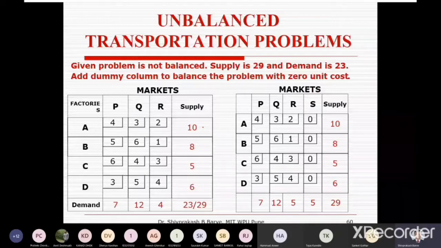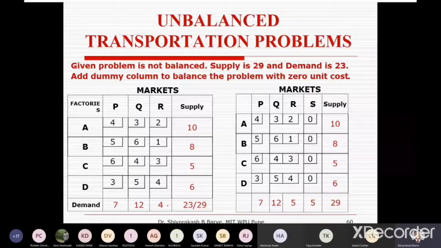Then B is 8, C is 5, and D is 6. Here these 3 markets or warehouses are shown: P has 7 capacity, Q has 12 capacity, R has 4 capacity.